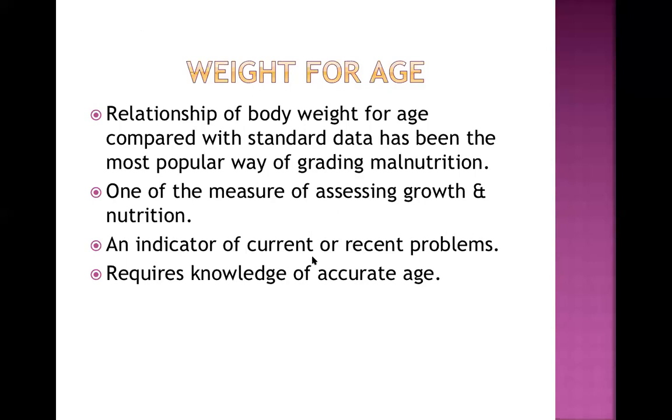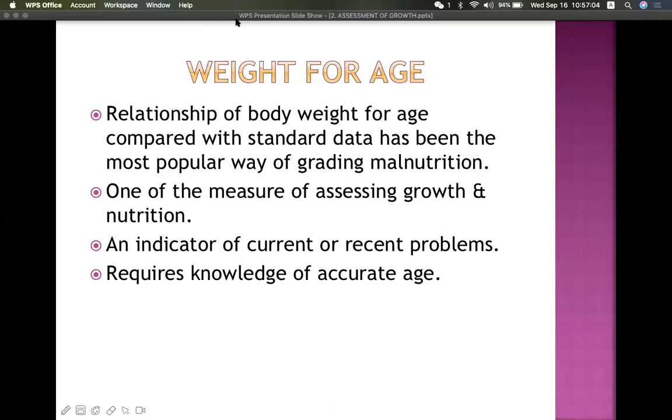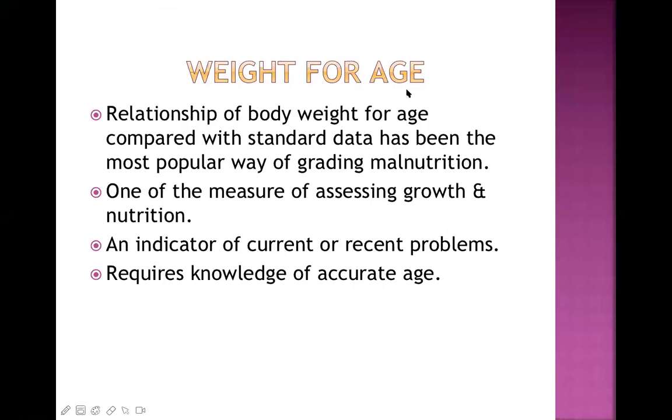If the child is not getting enough food, if the child is malnourished, if the child is ill or sick, the child will lose weight, and we can easily find that out by taking weight for age. But one important point, it requires the knowledge of accurate age. So age has to be accurate, and usually the mother knows the age. If you still want to be sure, then you can ask the birthday, and from the birthday you can yourself calculate the age of the child, then there would be no confusion.